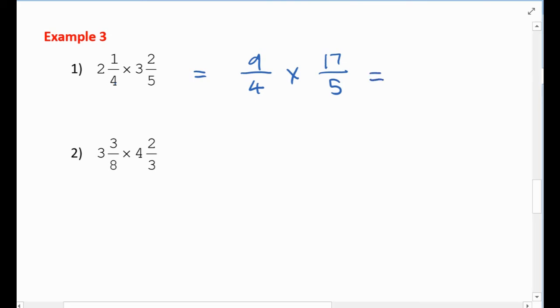And let's calculate it. 4 times 5, we're going to multiply the denominators. And 17 times 9, 153 when you multiply.